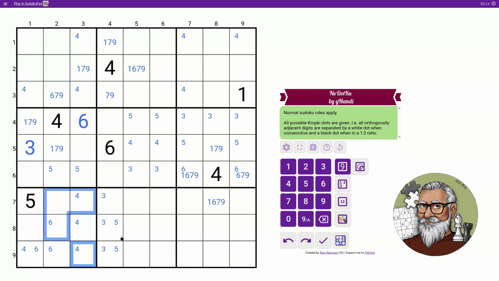Can this at all be 4? No, right? Because if this is 3, this one had to be 4. And of course, if one of those is 3, then this is not 4. So this is not 4. Anything else I can do with this?